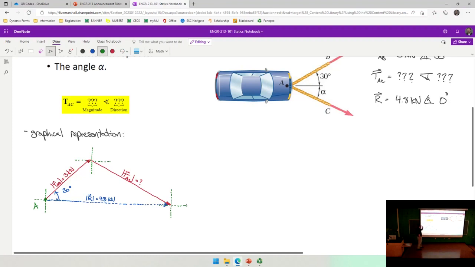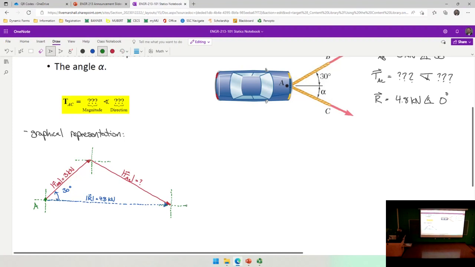So let's go off our diagram up here and let's look at alpha, because I've got 30 degrees here. I've got the magnitude of this. I haven't put alpha. Where do I put alpha on this diagram? Well, I've got alpha as being this angle. So here's the horizontal coming down to AC.